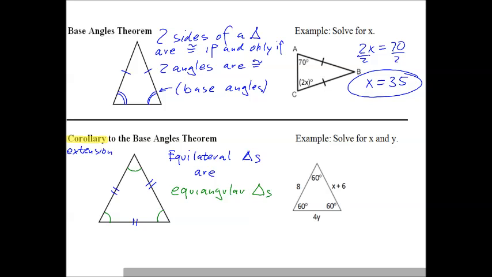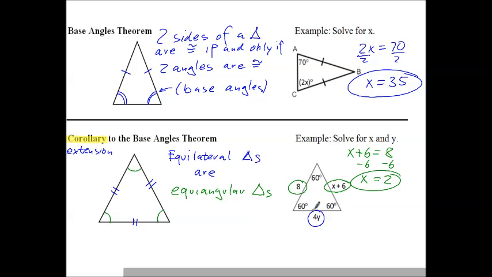Our example on the right says solve for x and y, and we are given the information that all three angles in this triangle are 60 degrees. In other words, they are congruent. That means the sides also have to be congruent. So then x plus 6 is equal to 8. Let's do the math. If x plus 6 is equal to 8, subtracting 6, we get x is equal to 2.